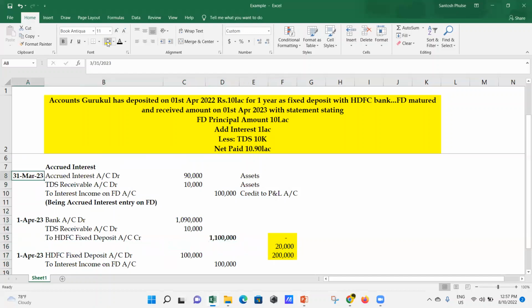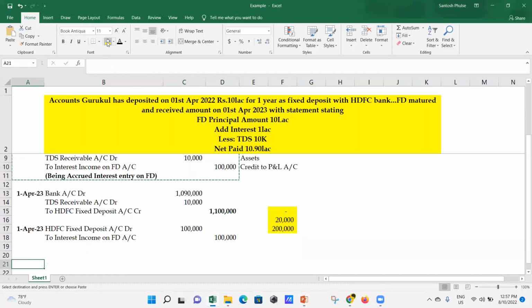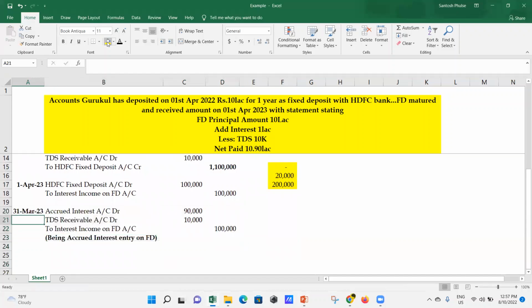Now what we have to do, this accrued interest entry that we have posted, we need to do the reversal of that.